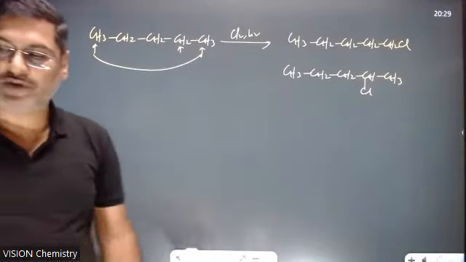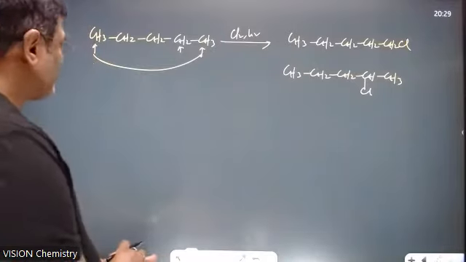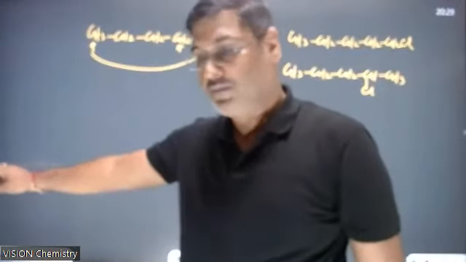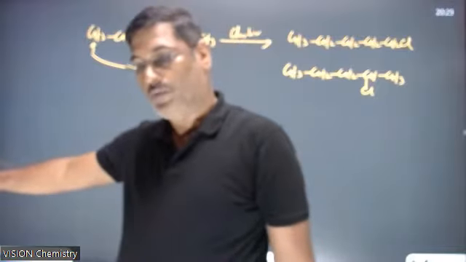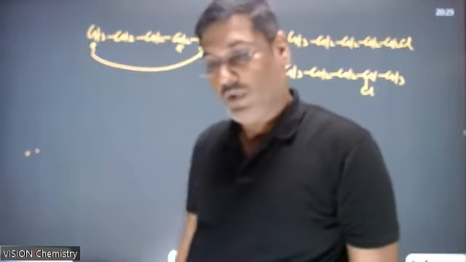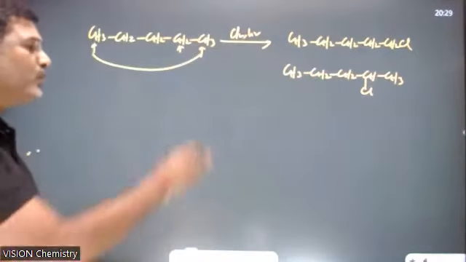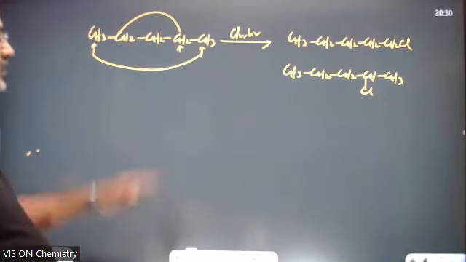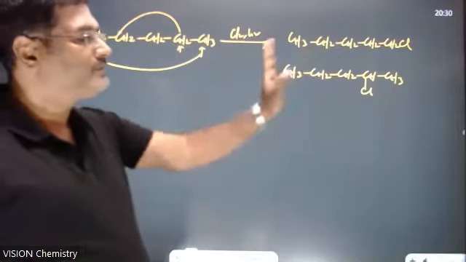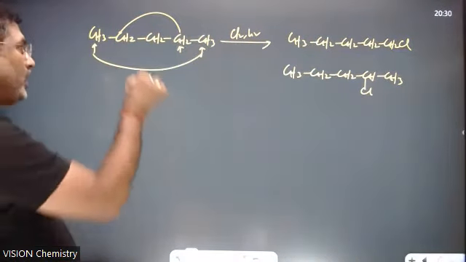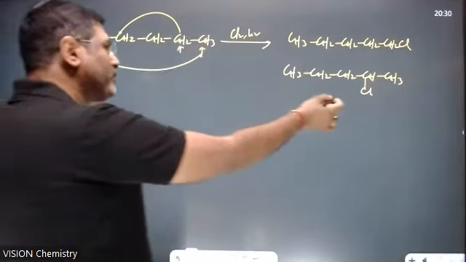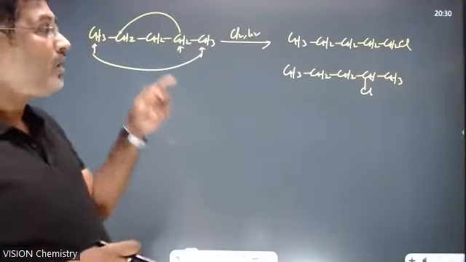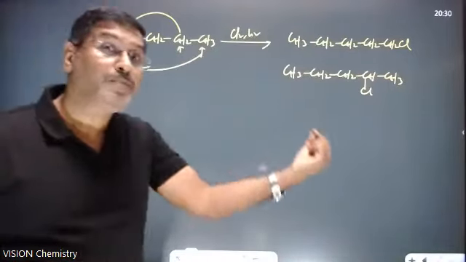No, they will not give the same one. But these will give the same one: if the reaction takes place here or there, we will get the same. So we say all these 4 secondary hydrogens are equivalent. Why equivalent? Because chlorination of all the 4 will be giving the same product. That's why equivalent.